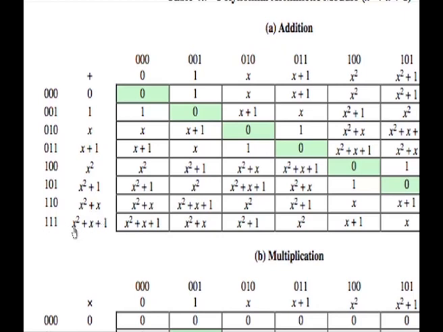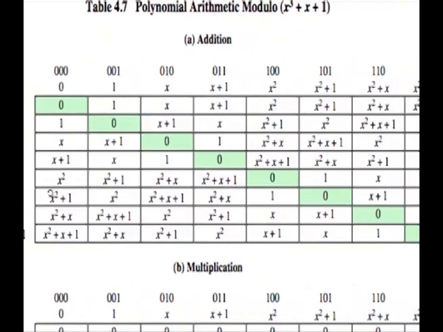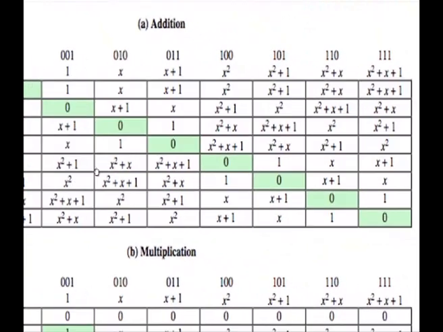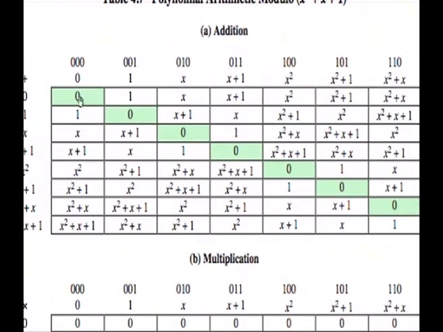Then 1 1 1 means all the terms are there in the polynomial: x square plus x plus 1. Similarly, you can see the table with rows and columns.